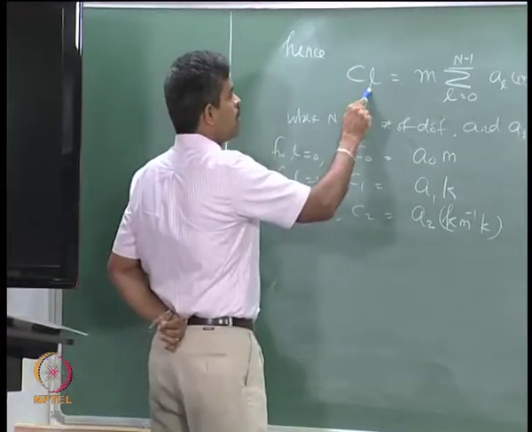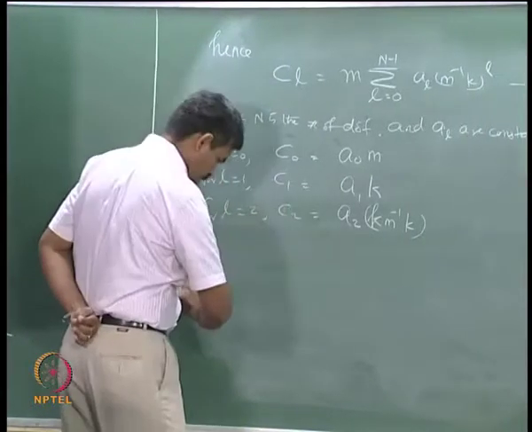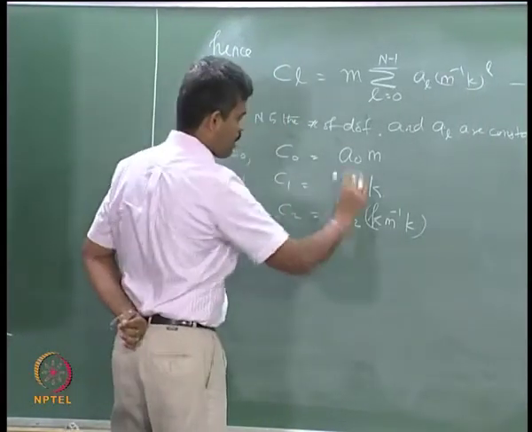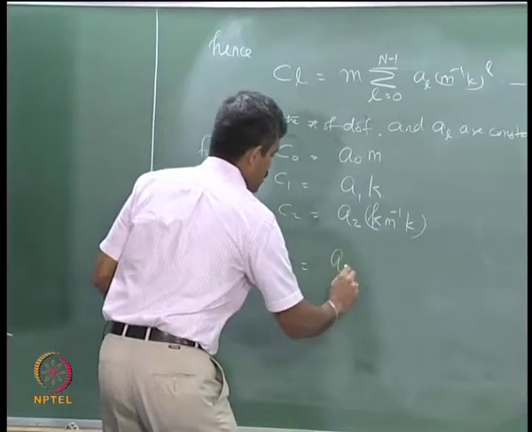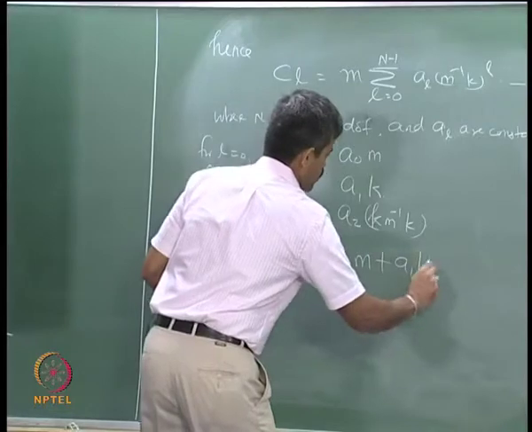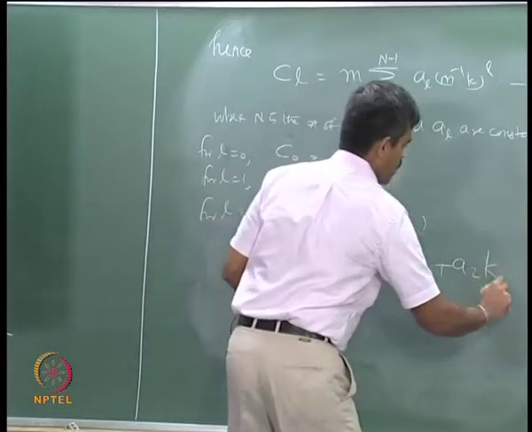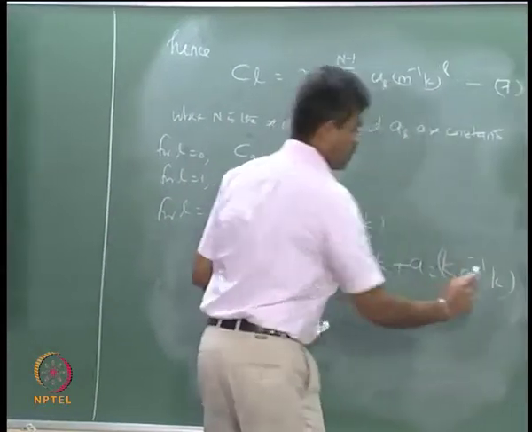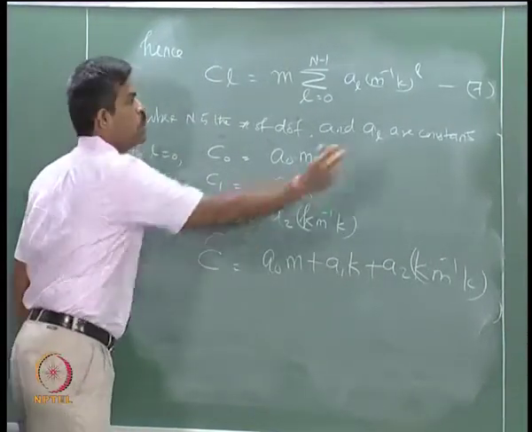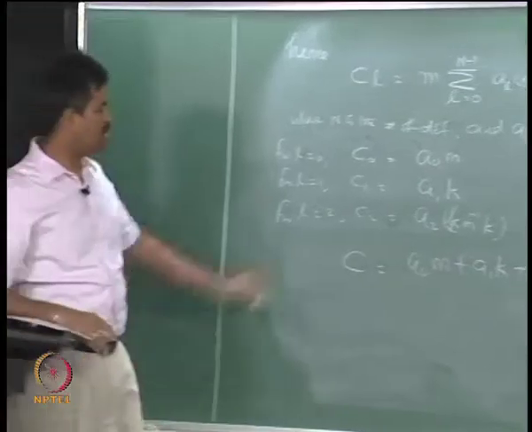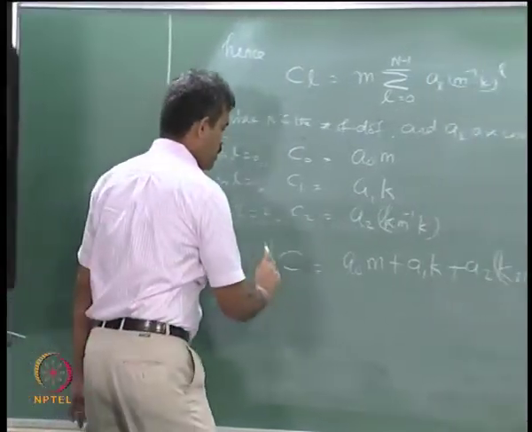So, CL I am trying to find out separately. When I give a complete stiffness matrix, I will add all of them. So, let C be A0 M plus A1 K plus A2 of K M inverse of K. Is that okay? Right. I wanted these coefficients separately, because I am going to use them in the next derivation. Ultimately, this is my damping matrix.